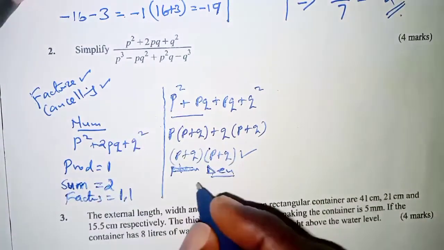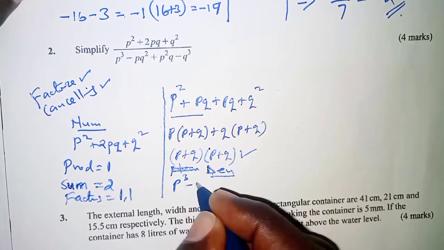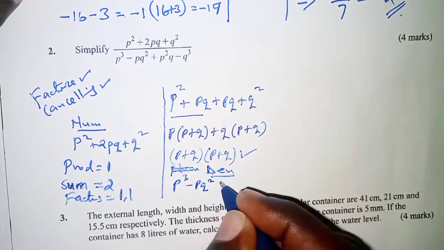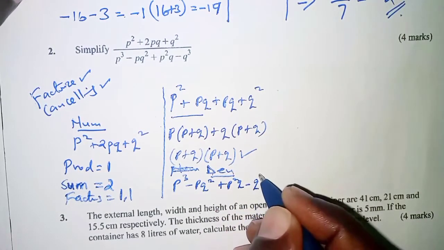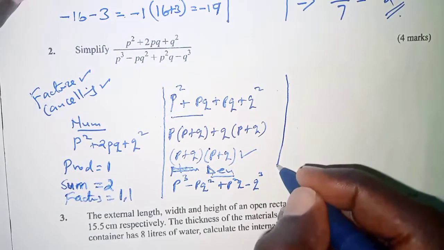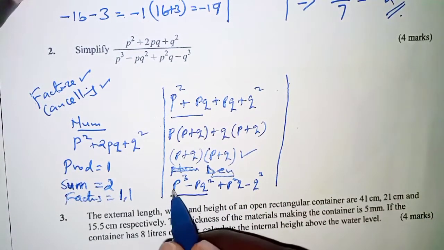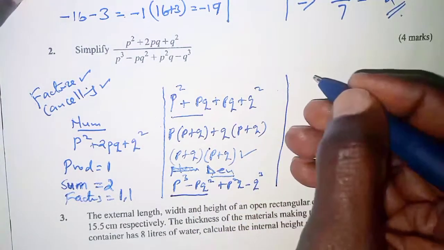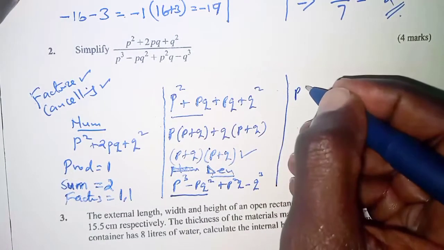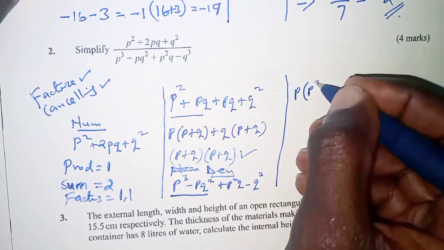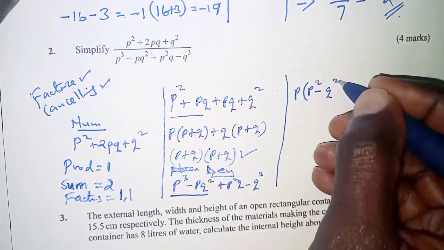For the denominator we have p cubed minus pq squared plus p squared q minus q cubed. So for the first group here, we can see p is a common factor, so we can factor that out and say p into p squared minus q squared.